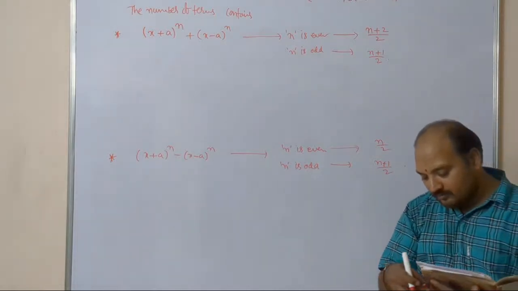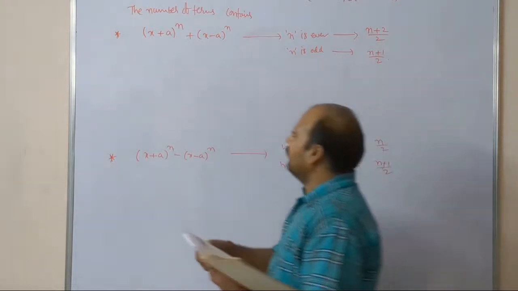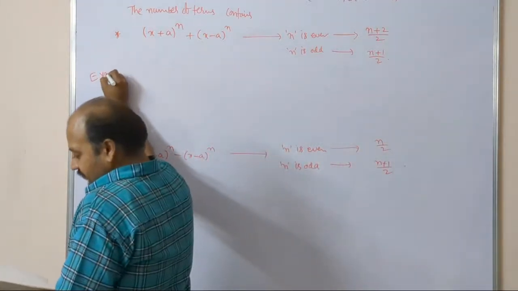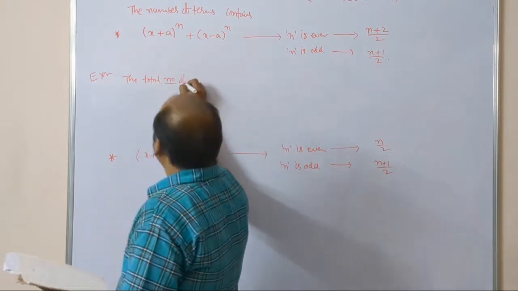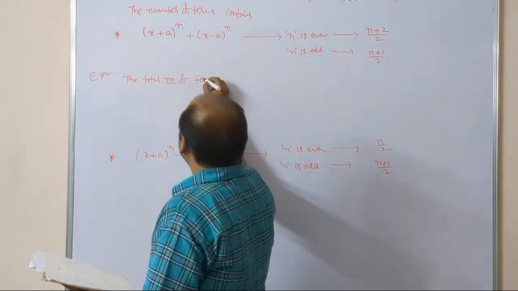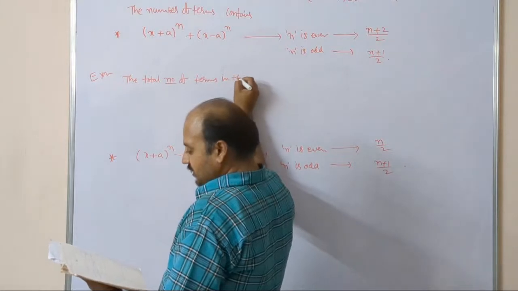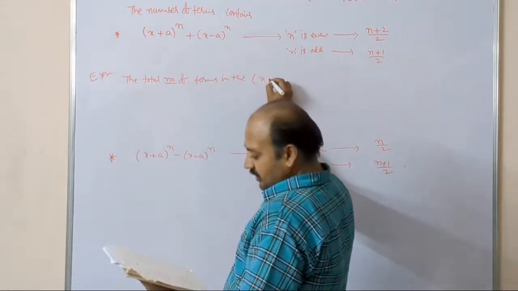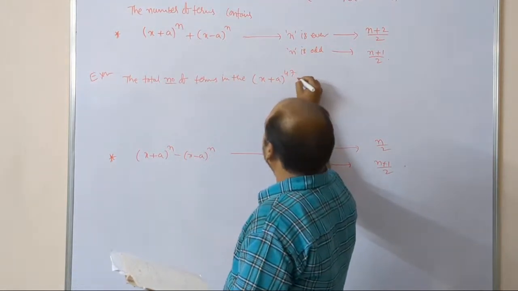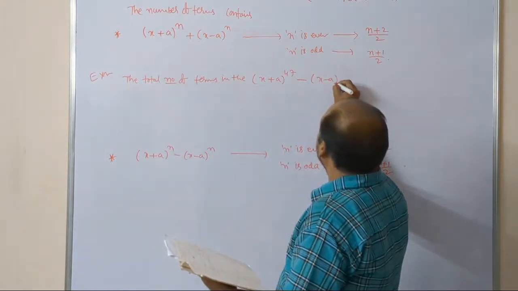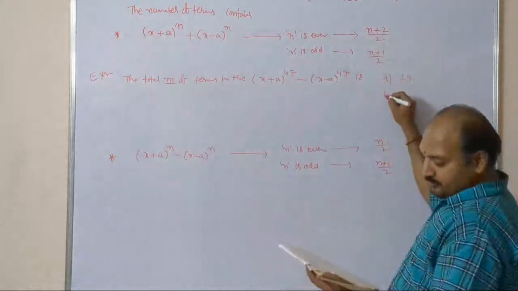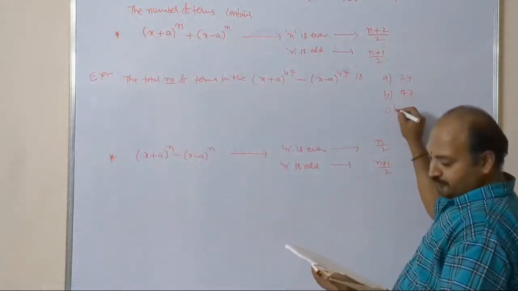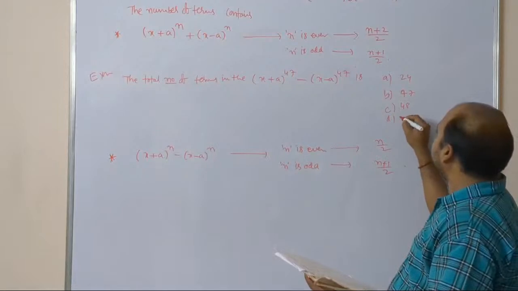For example I will give. The total number of terms in the expansion x plus a whole power 47 minus x minus a whole power 47 is option 24, 47, 48, 96.